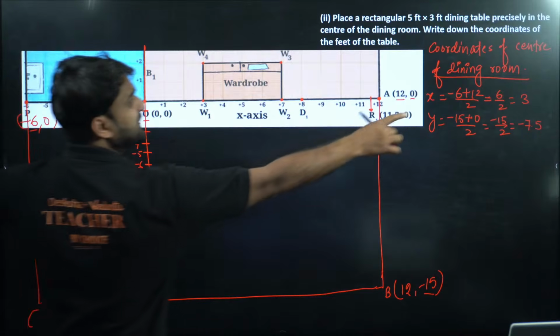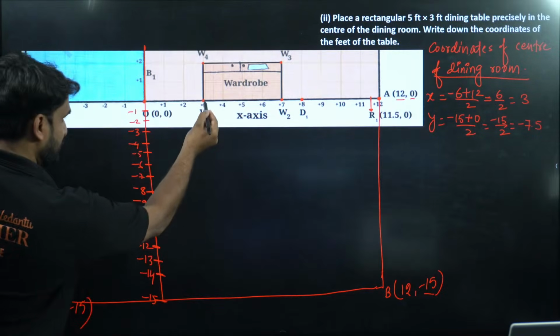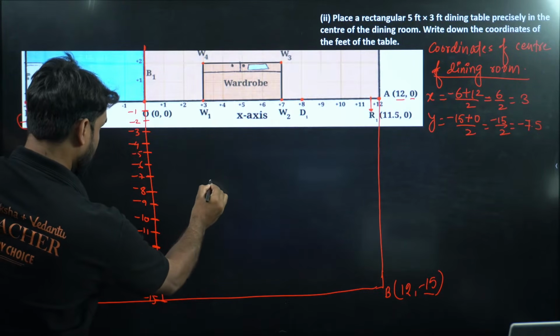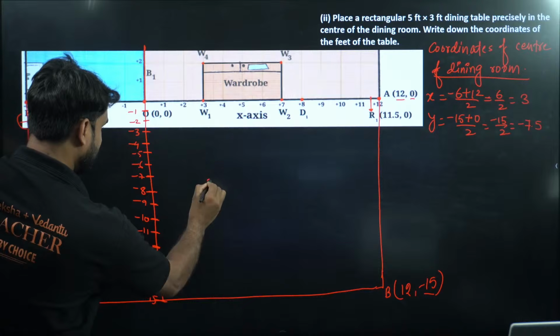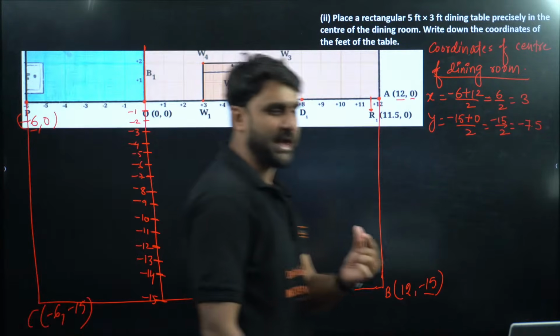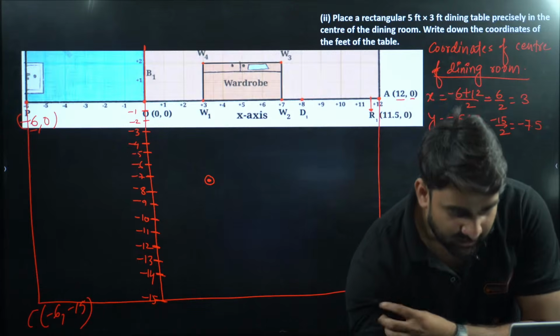So 3 comma minus 7.5 is somewhere here. This will be the center, this point is the center of the dining room. Clear? Very good.